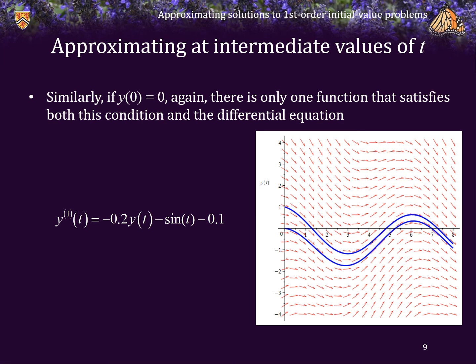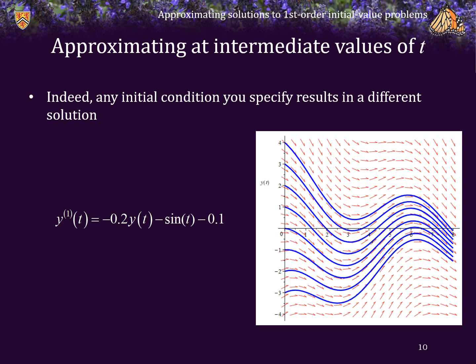So that is a function where absolutely everywhere, if you simply take the value of the function and the value of t, plug it in, it will have a slope equal to the right-hand side. Indeed, any initial condition you specify is actually going to result in a different solution, and you will notice that these solutions never actually cross.